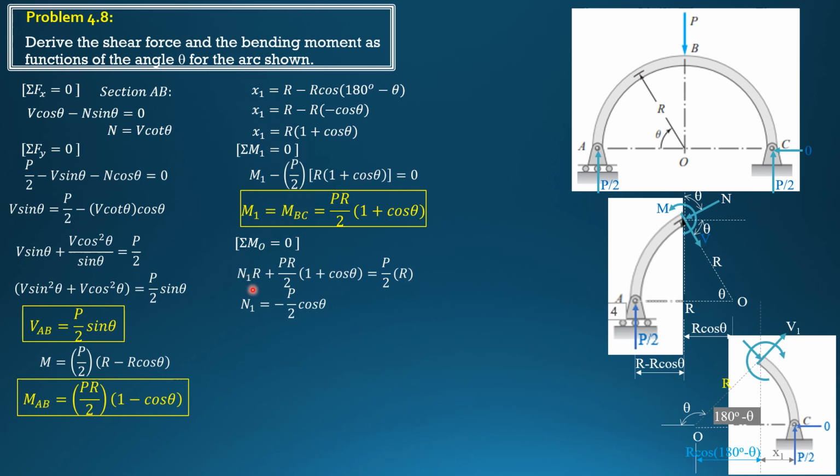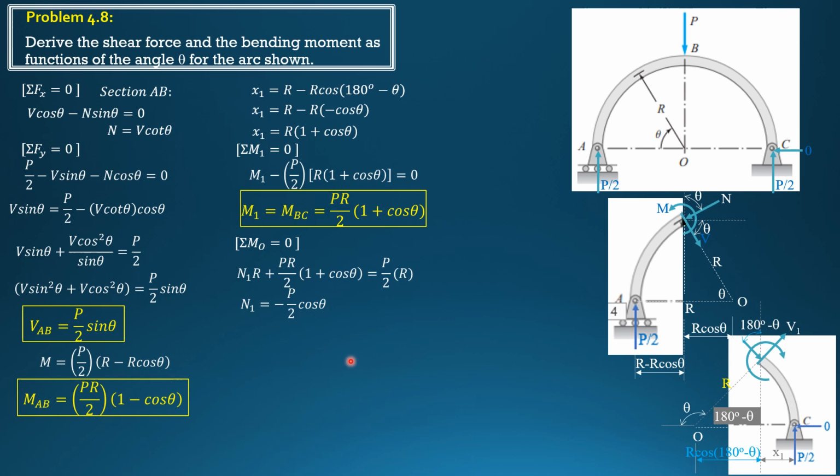On the left side, we have N1 plus P over 2 times 1, which is equal to P over 2. So we can cancel P over 2. So N1 plus P over 2 cosine theta equals 0. So therefore, N1 is negative P over 2 cosine of theta.